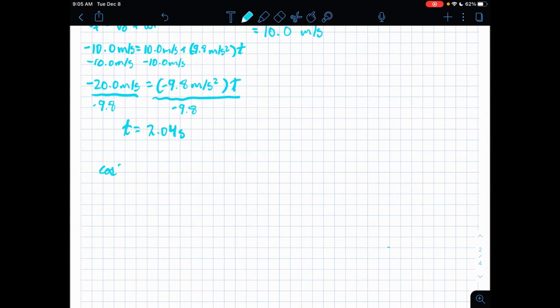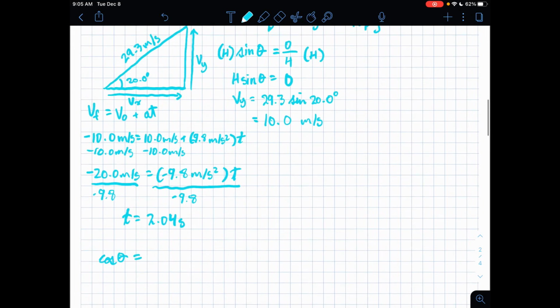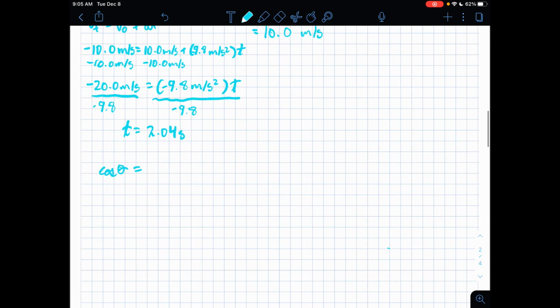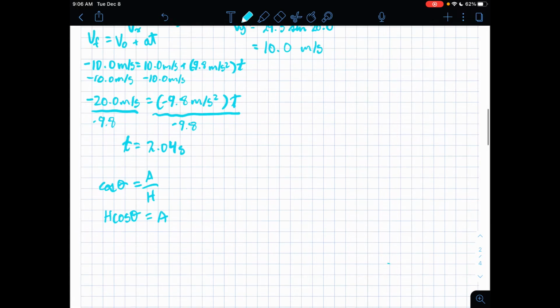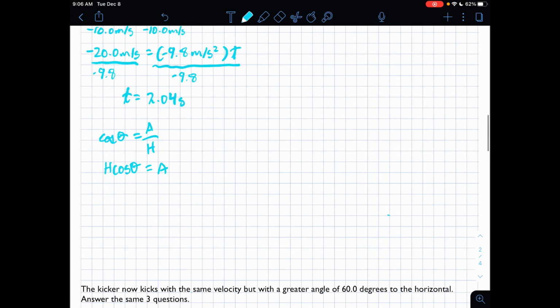So cosine of theta is equal to adjacent over hypotenuse. And of course, if you just want to find the adjacent side, you move the hypotenuse over, pretty simple. So the adjacent side is the hypotenuse times the cosine of theta. In this case, the adjacent is Vx.